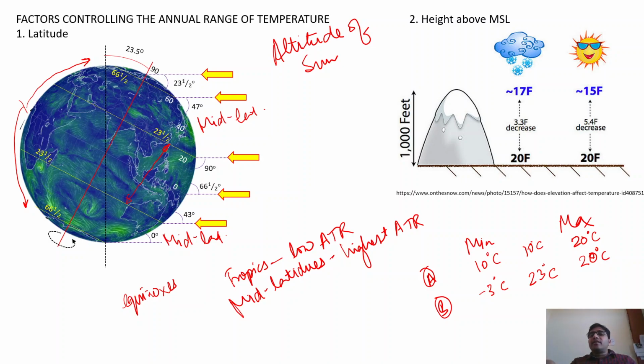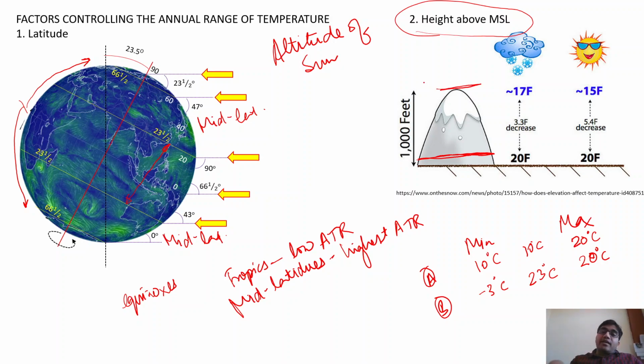The second factor that controls is the height above mean sea level. The other day, I had told you that whenever we measure the isotherm, or we have to draw the isotherm for an elevated surface, we bring it down to the mean sea level. Of course, the height above mean sea level is an important factor, but it does not always control the atmospheric temperature. So there are three things over here. The height above the mean sea level operates with the air density, and we all know that the air density at the lower height is more than at the higher height.